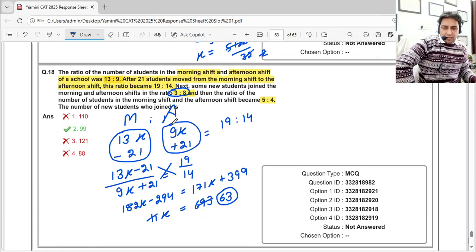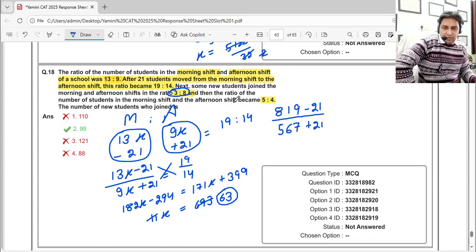First of all, 13 into 63 minus 21, so this number we get 13 into 3 is 39, 3 remainder, 78 and 3, that is 81 minus 21, divided by 9x plus 21, that is 9 into 63, 9 into 3 is 27, 2 remainder, 54, and 2, 567 plus 21.